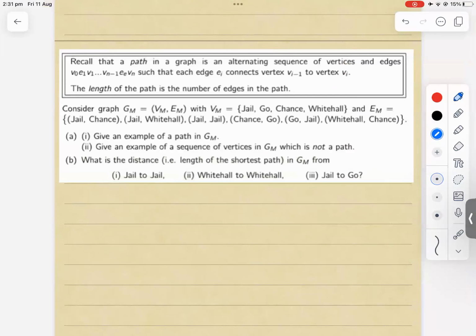Okay, so this Whitehall, chance, jail, go.